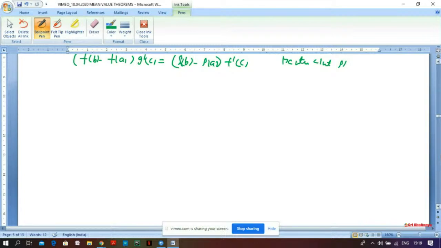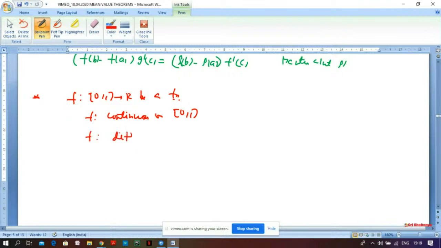One example we can take to illustrate them is this. Let f from [0, 1] to R be a function, continuous on [0, 1] and differentiable on the open interval (0, 1), differentiability demanded only on the open interval.